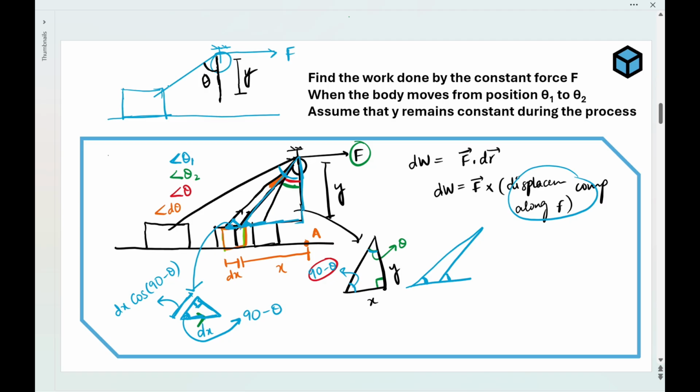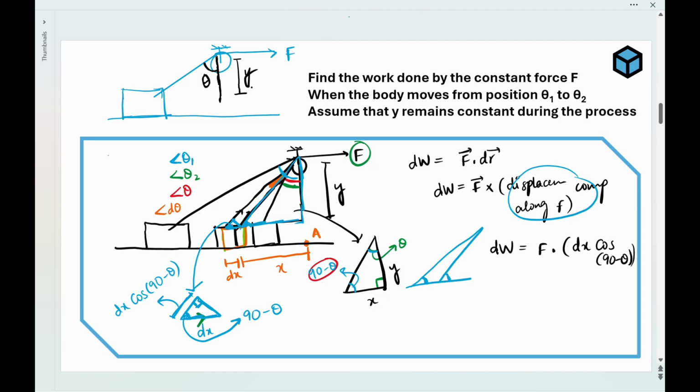So this is nothing but the displacement component along the force. So we can directly write over here that dw is equal to the force F into the displacement component along F, so it's nothing but dx into cos of 90 minus theta.